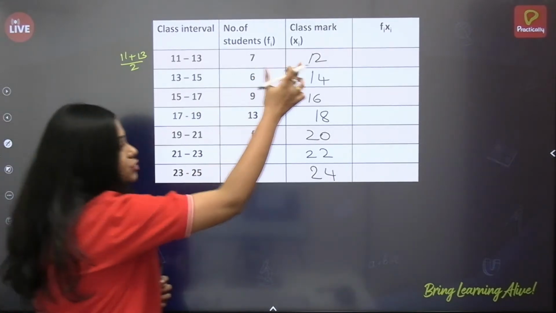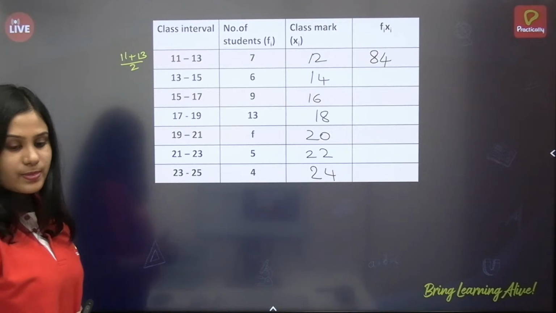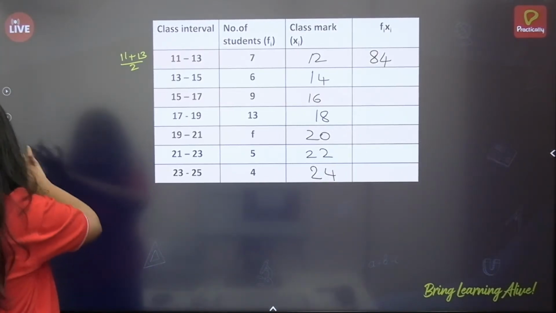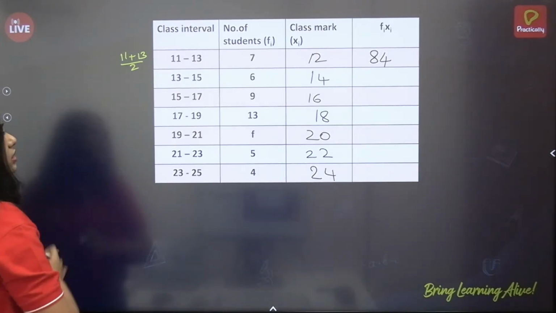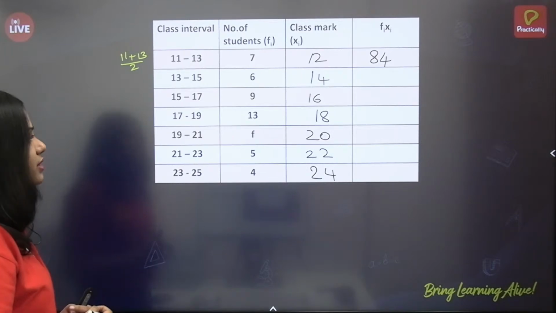Now start solving fi xi, 84. Very good, Aryan. Next, 14 into 6. 6 times 4 is 24, 6 1s are 6, 7, 8. Again 84.